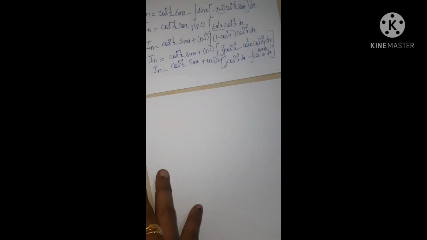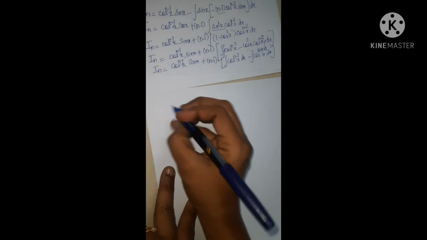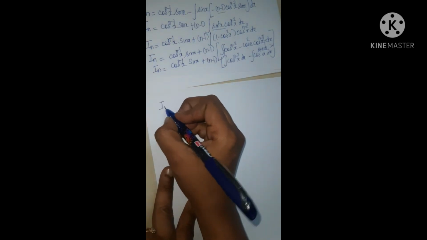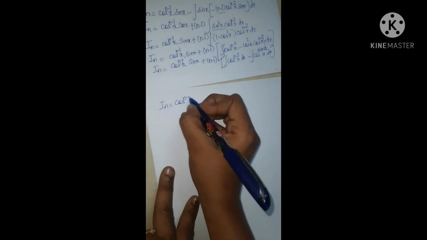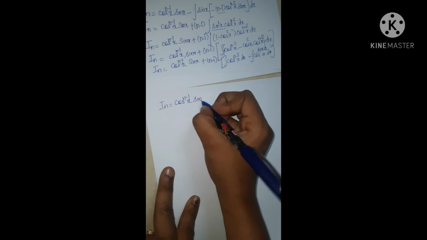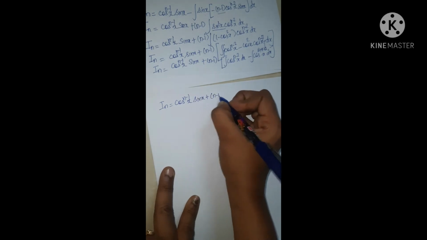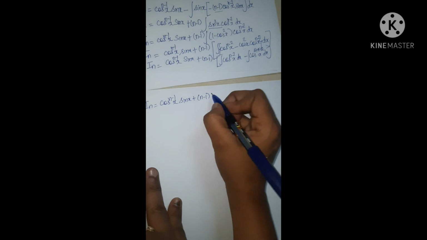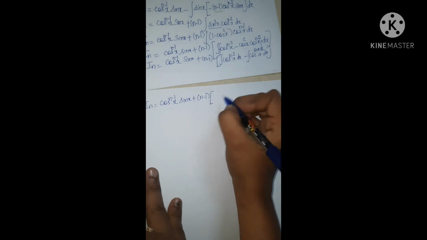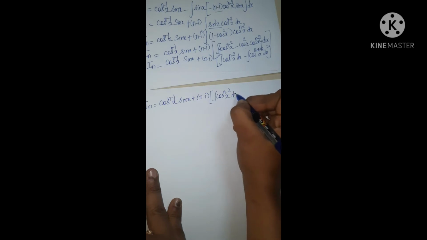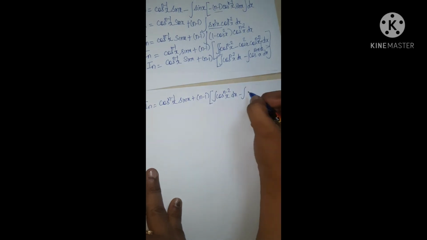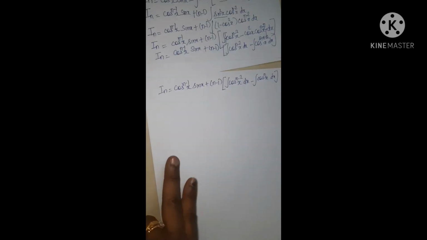So now what is happening next? I_n = cos^(n-1)x sin x + (n-1) of, having a bracket with the previous step, integral cos^(n-2)x dx minus integral cos^n x dx, since the 2 and minus 2 get cancelled. So what is our next observation?